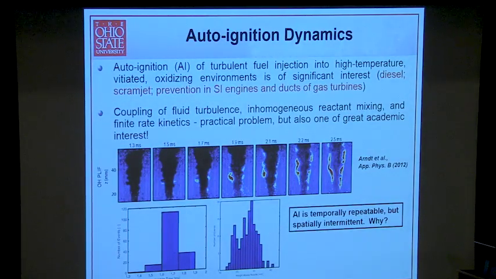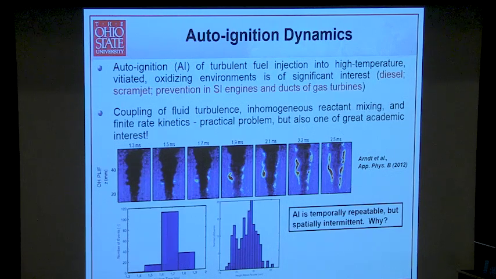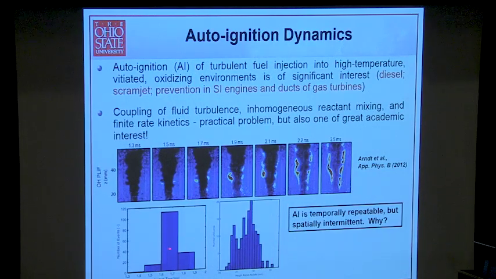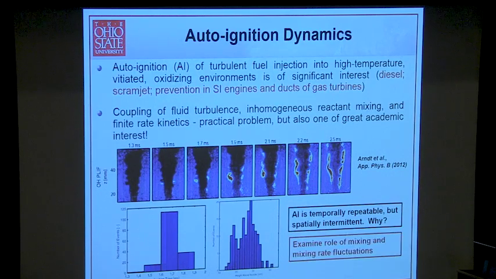This is one I use as a motivation slide. This is from Christoph Arndt at DLR. They did some measurements in a pulsed transient jet like the results I'll show you. What they found, just taking simple chemiluminescence measurements and looking at the statistics of the ignition time versus the ignition height, was that the ignition seemed to be fairly repeatable temporally, but very spatially intermittent, okay?